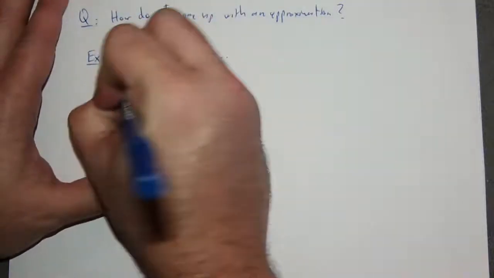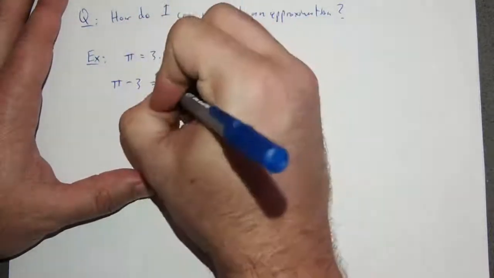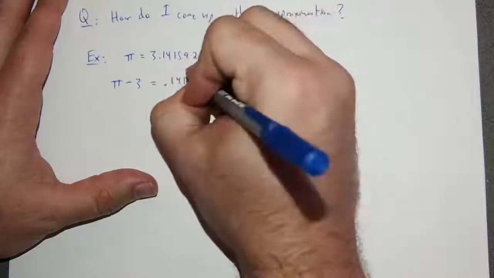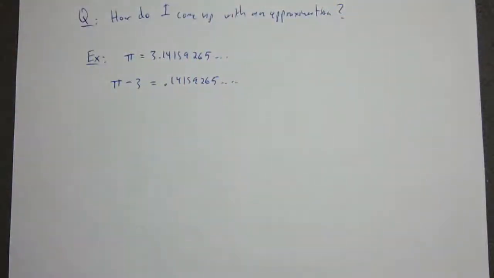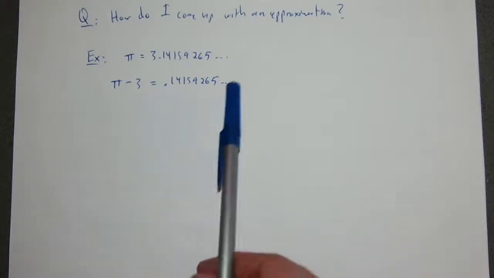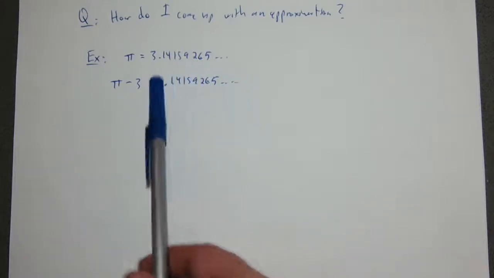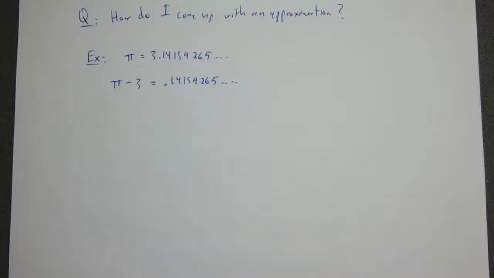So pi minus 3 is just 0.1415965. And what I do here is look at this bit of the decimal that's left over, and I want to come up with the first part of the continued fraction for this thing.